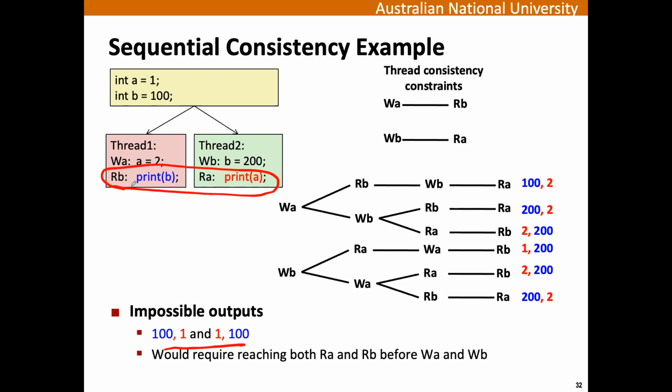It's very simple. And that means you violate these constraints here. So the only outcomes that are possible without violating those constraints are the 6 outcomes that are shown.